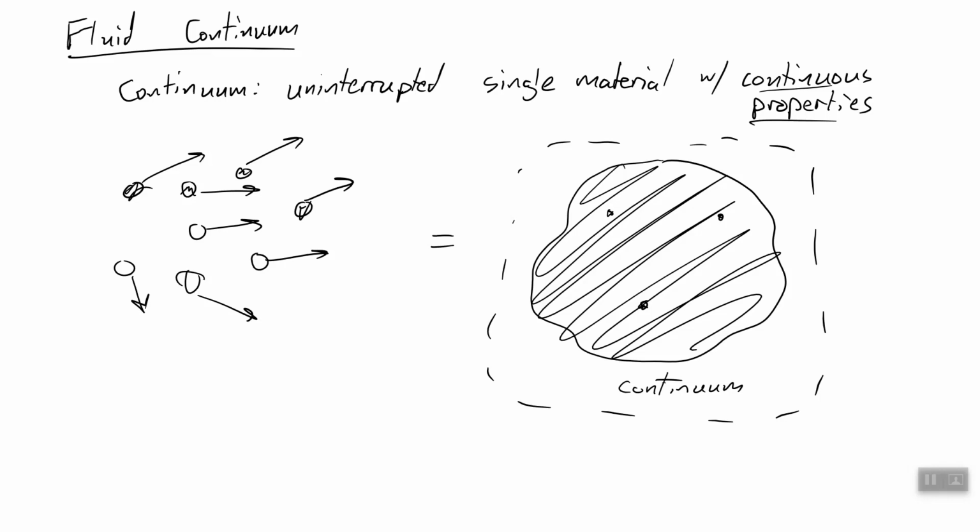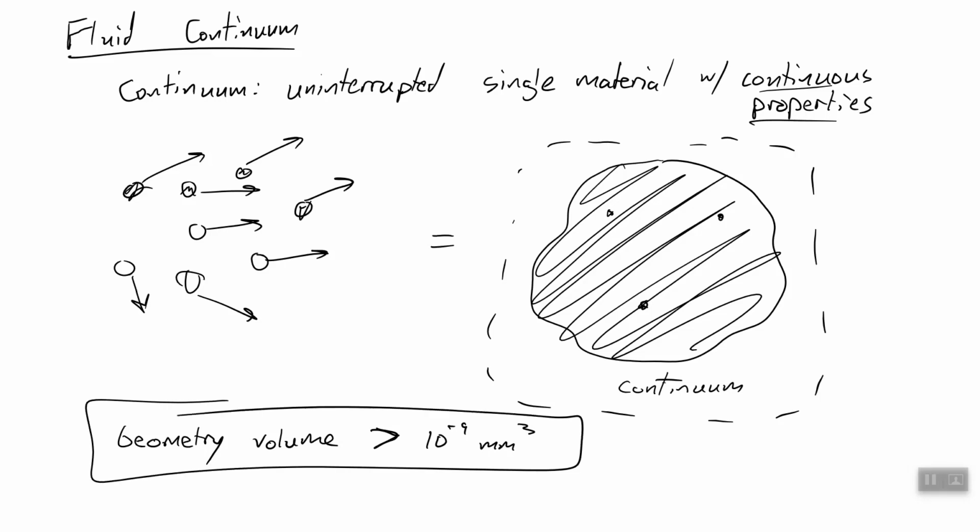So the kind of line we draw is that the geometry our fluid is in must have a volume that is greater than 10 to the negative 9th millimeters cubed. And then we can assume a continuum. In this class, we will always have a continuum because that is just nasty if you don't. Okay, so that's kind of an aside.